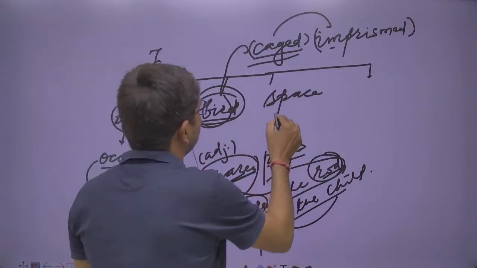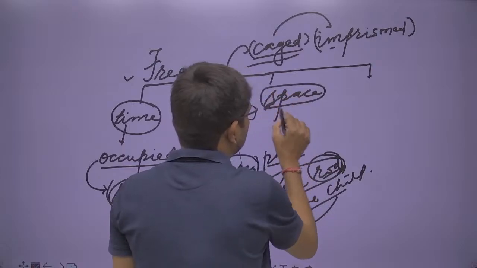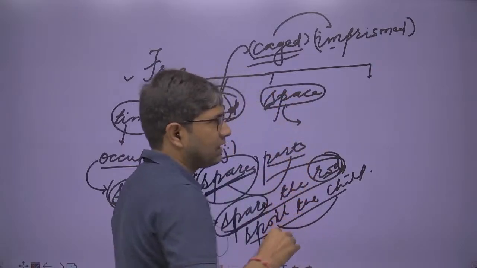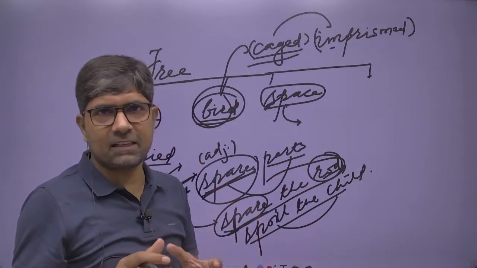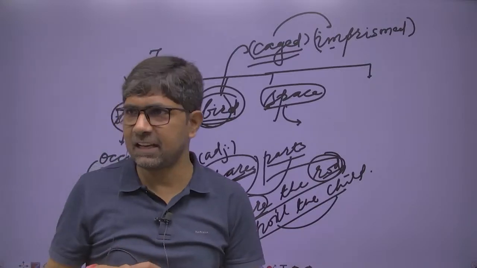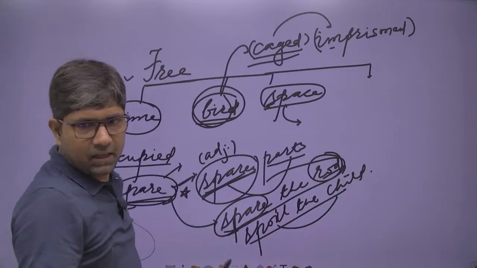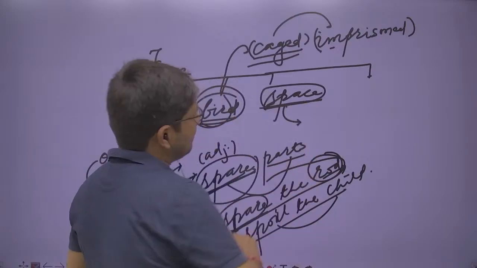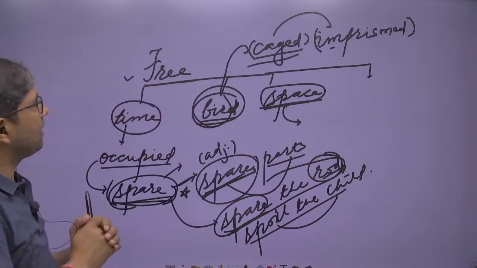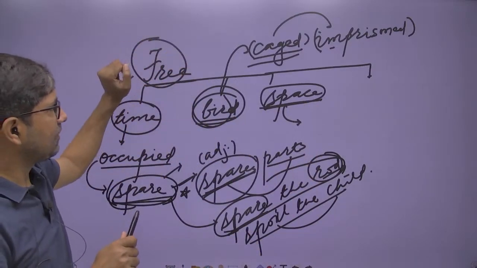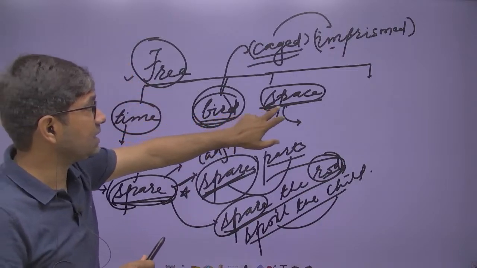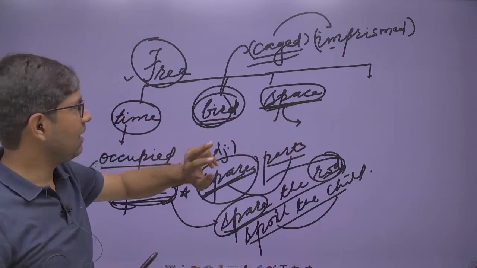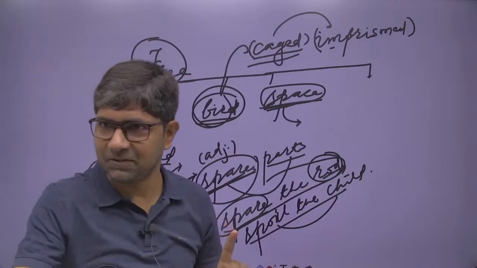If I say it is free space, what does it mean? This space is not occupied, it is available. So it is available means it is free, it is available, but space is available, bird is not available.